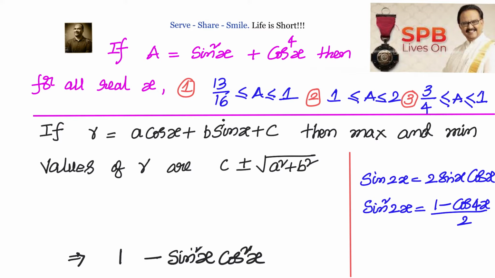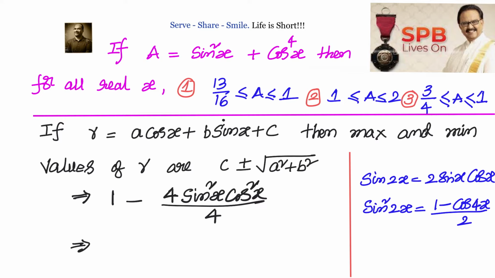Now we will multiply with 4 and divide with 4 so that we can write it as 1 minus 4 sin square x cos square x divided by 4, which is equal to 1 minus 2 sin x cos x whole square divided by 4.